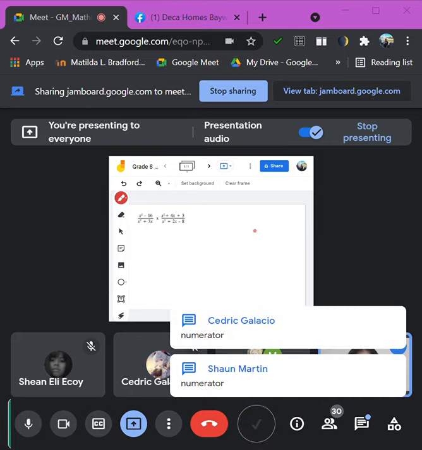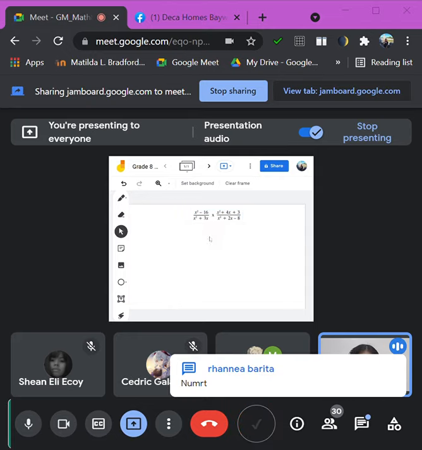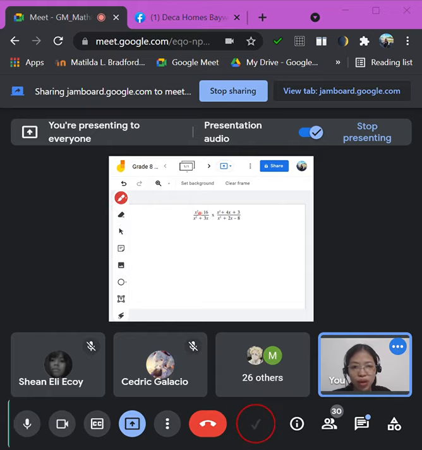Okay, very good. Our numerator. So, di ba ang atong numerator class, kay pwede nato siyang ma-factor using our special factoring. Right? So, how are we going to factor this one? Since this is a difference of two squares. So, di ba, ang atong technique sa difference of two squares kay duha ka parentheses.